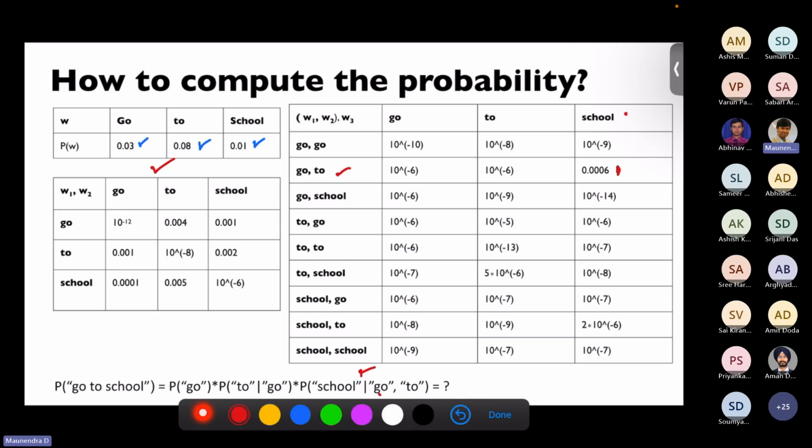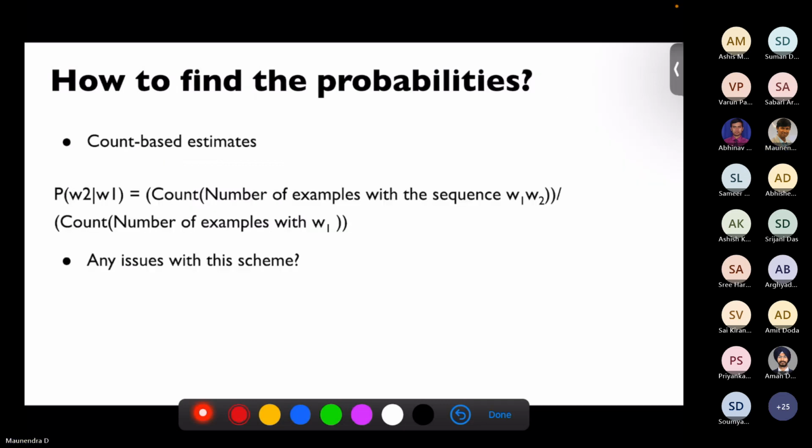Or if the first two words are go and to, what is the probability that the next word is to? We should also have these kinds of probabilities. In order to predict this, we should have these probability estimates, based on which we can compute this. Now, how to find these probabilities?